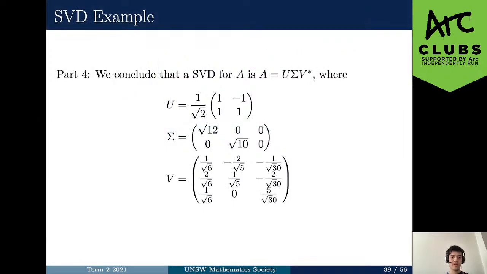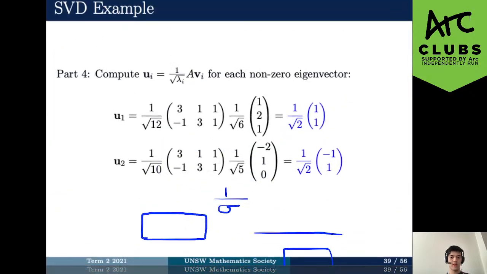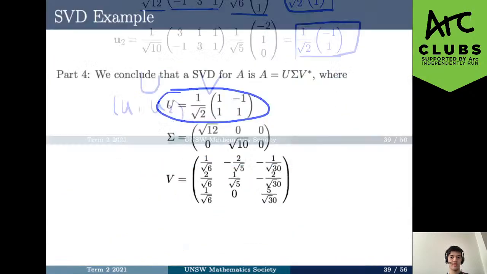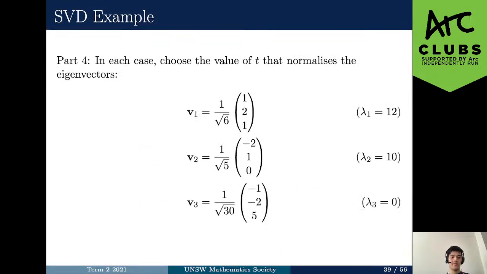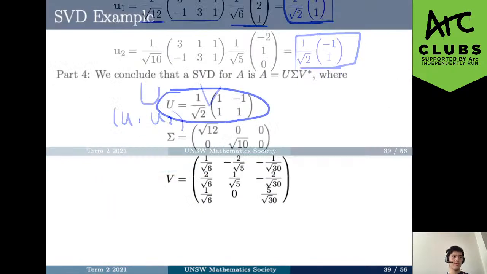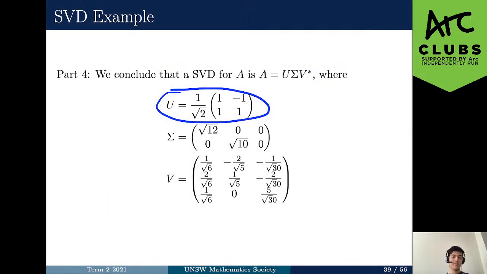So if we put all of that together, this is U. That's just U1 and U2 put next to each other. And then V is just those 3 vectors put together into a single matrix. And then finally, sigma should have root 12 and root 10 being the singular values.